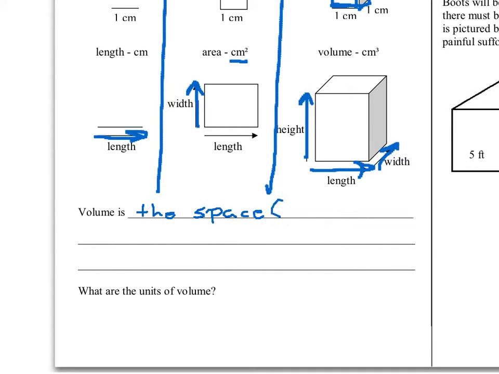And when we're talking about it quantitatively, we're going to talk about the number of cubes to fill the inside of a shape. Nope, not to find, to fill.